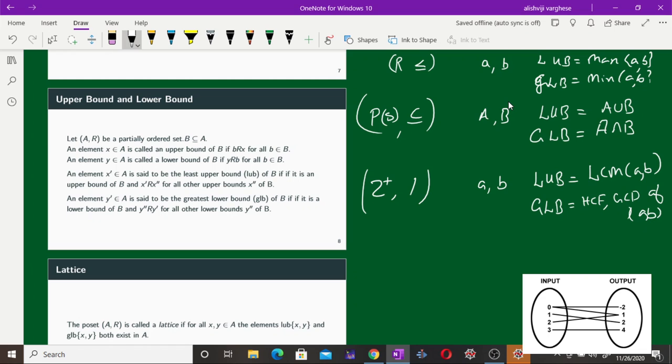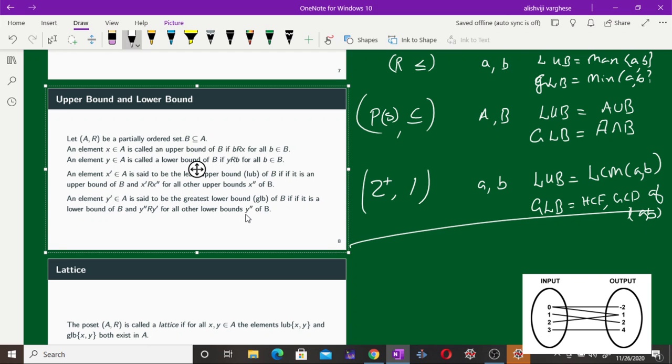But if we take any subset of Z plus, just check whether the LCM or GCD belongs to that subset of Z plus or not. That is very much important. Anyhow, that's the concept of greatest lower bound and least upper bound in the case of our familiar partially ordered sets.